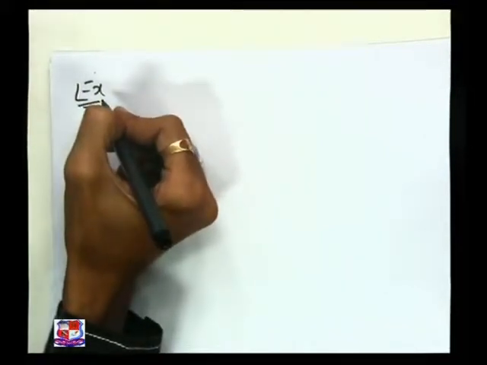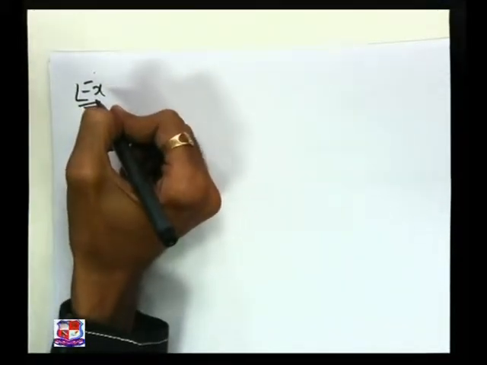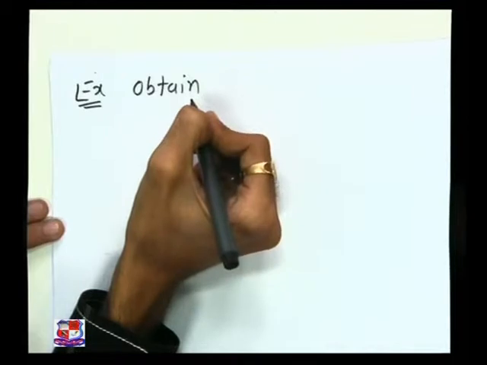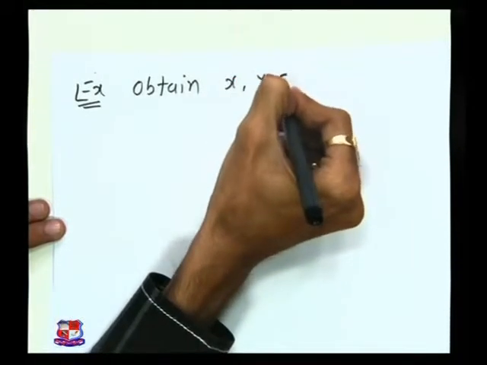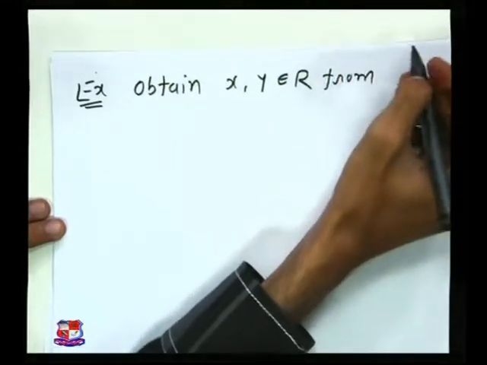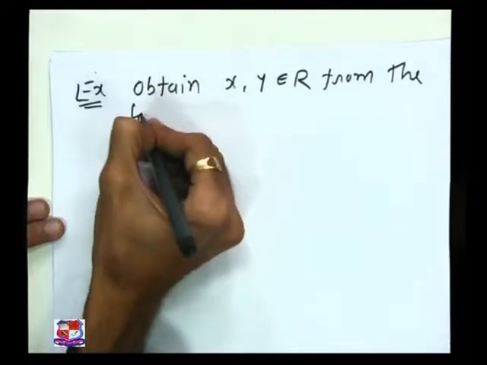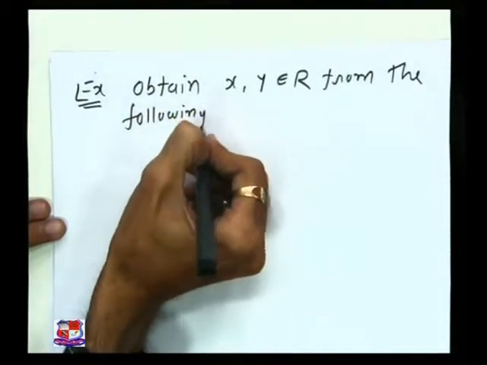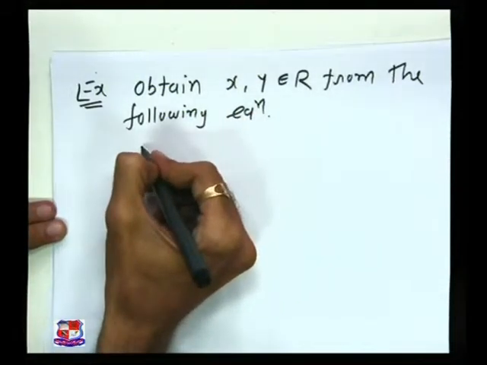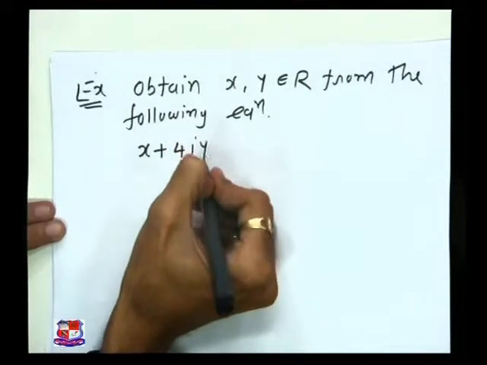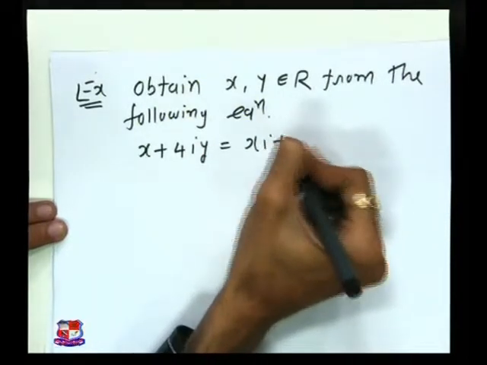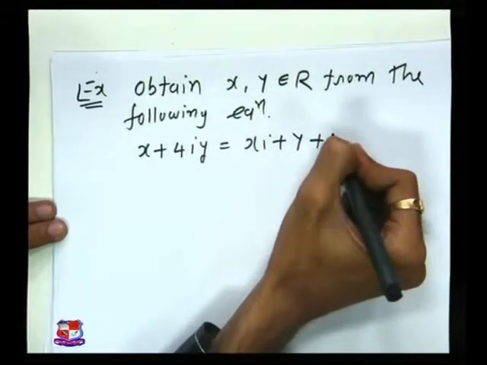The question is to obtain x, y belonging to R from the following equation. The equation is x plus 4iy equal to xi plus y plus 3.